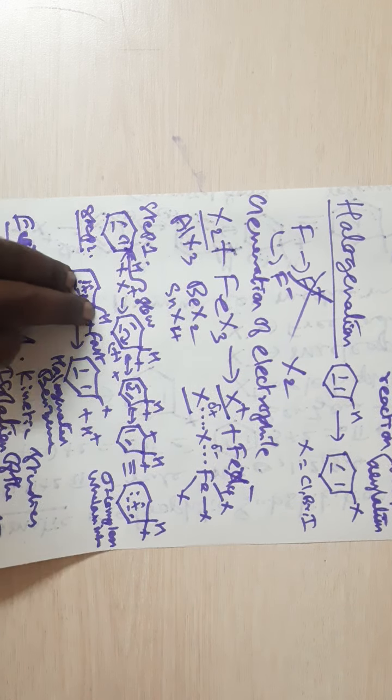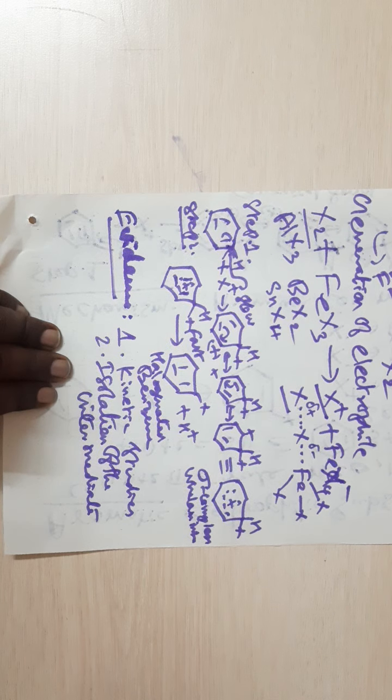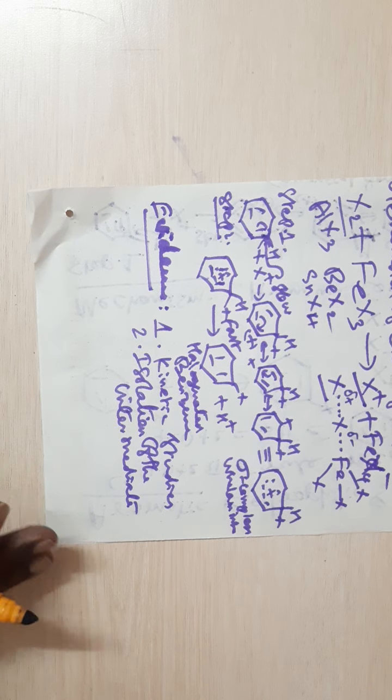So in step 1, X plus, the electrophile generated from the halogen and the Lewis acid, attacks the aromatic compound, gives you a sigma complex, and you get the intermediate. In the fast step, H plus is lost. You get the halogenated compound. As usual, the evidence comes from the kinetic studies and isolation of the intermediate.